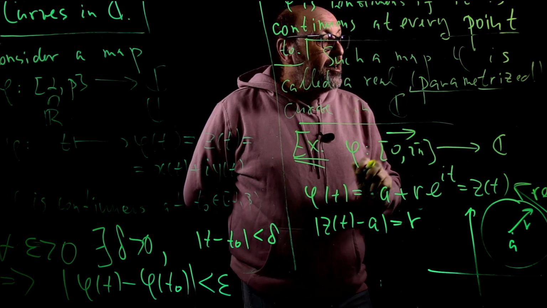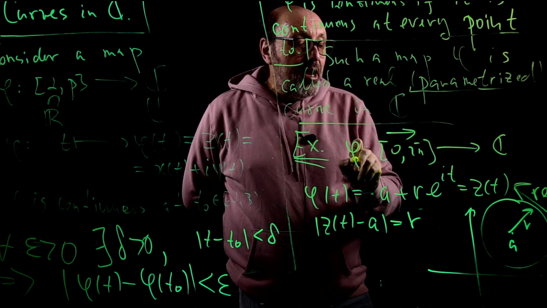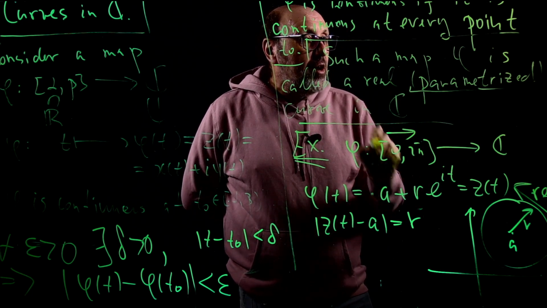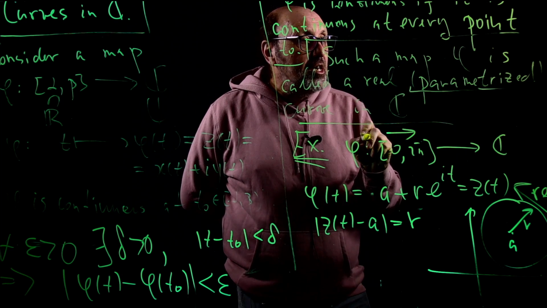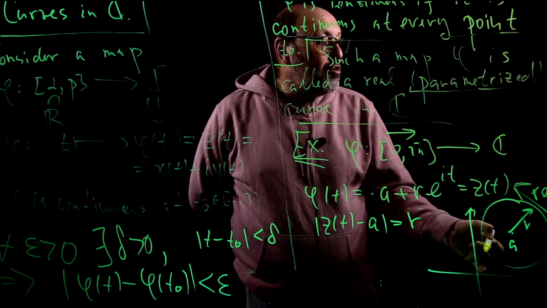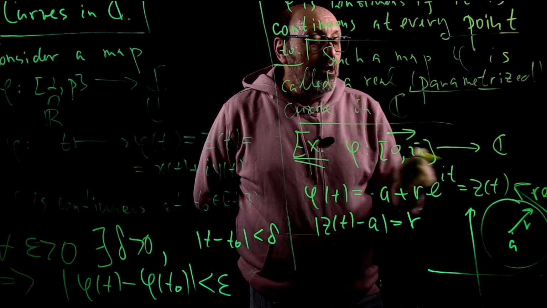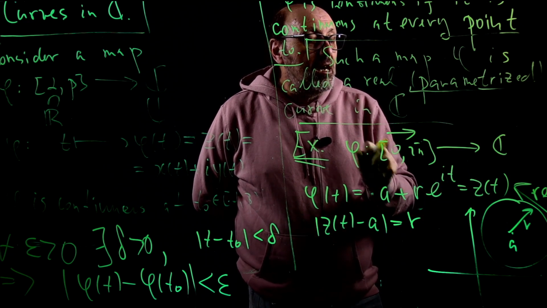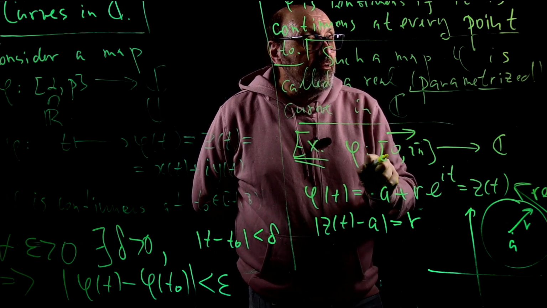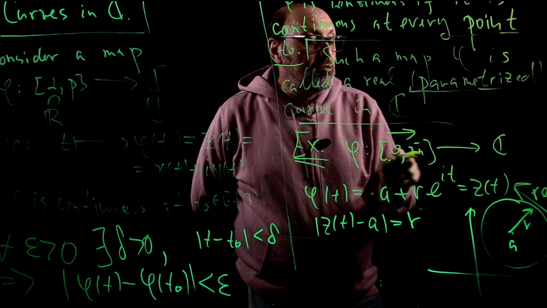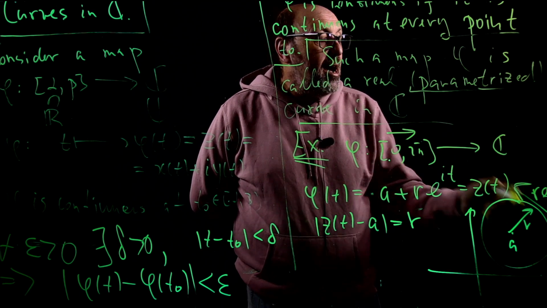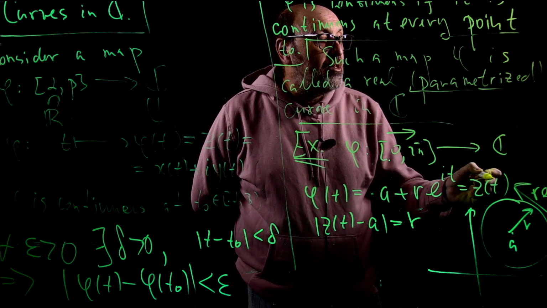Our curve is oriented. When you have a parametrized curve, you have a natural orientation, that is the direction in which your point runs over your curve when the parameter runs over your interval from the left end to the right end. In our case, from 0 to pi, and the point runs over in this direction.